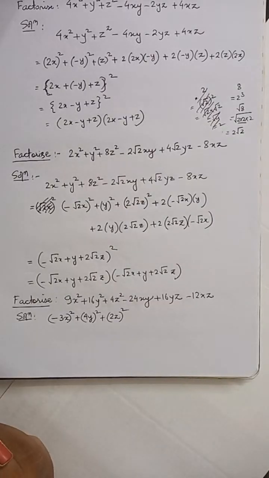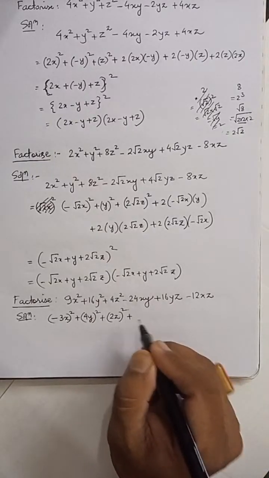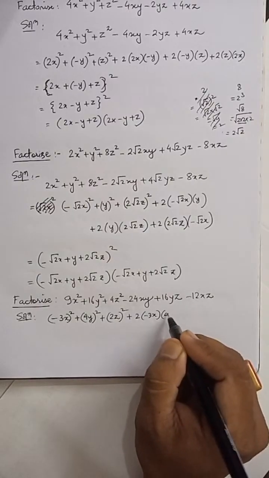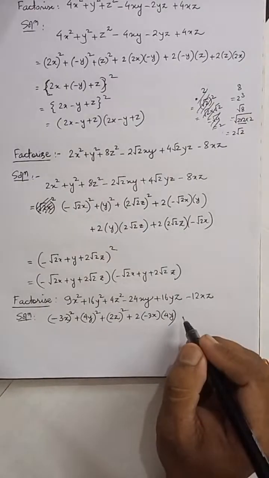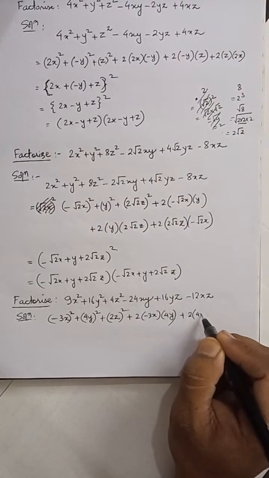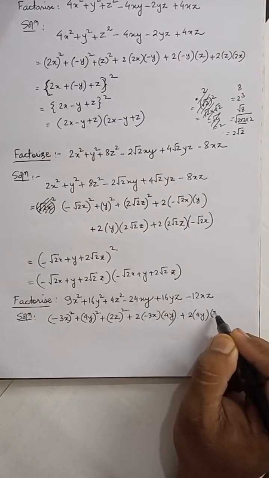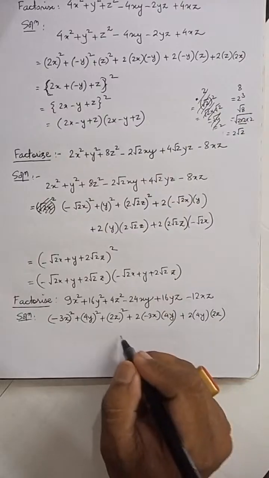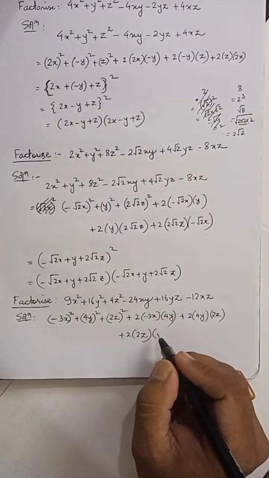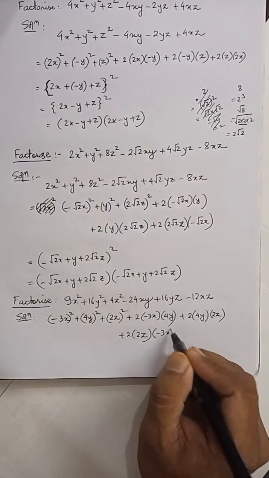Then we can write 2 into minus 3x into 4y, then 2 into 4y into 2z plus 2 into 2z into minus 3x.